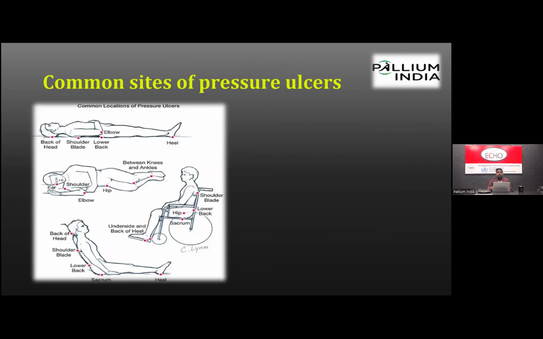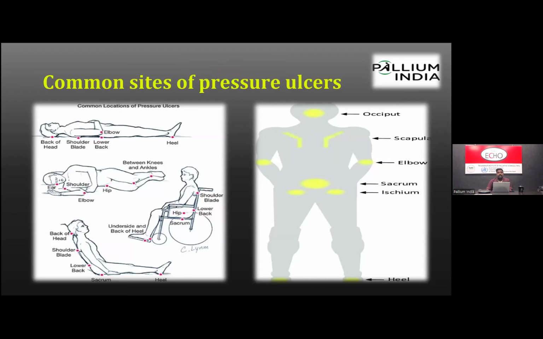So these are some of the common signs where we can expect skin peeling or the development of pressure sores. In this picture, you can see a patient lying in a supine position, or right or left lateral position, or head-elevated position, or in the wheelchair-bound stage.